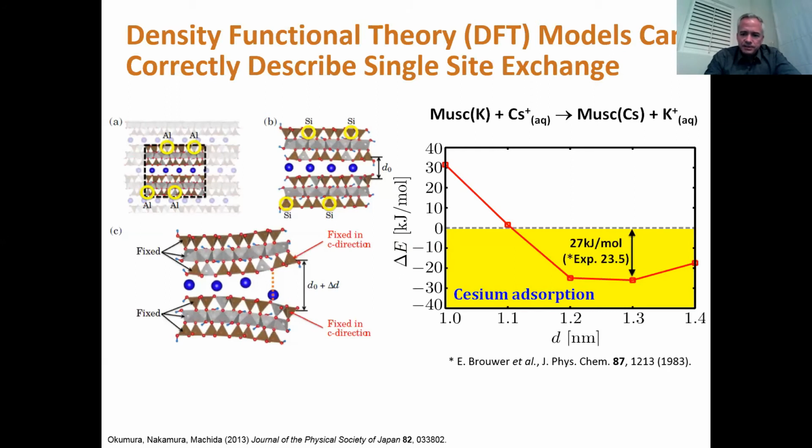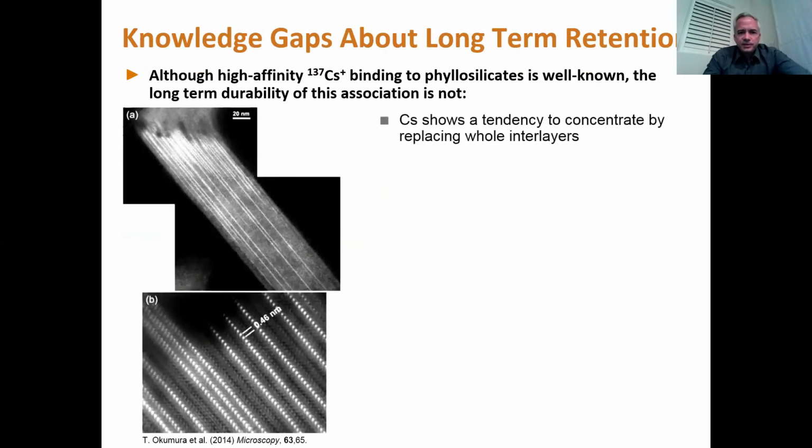And we can actually see that the calculation agrees fairly well with the experiment. The question is about this long-term retention: how long will the cesium, which is a radionuclide emitting particles, be stable in these clays? Is it permanent for 50 years, or do we have to worry about desorption from these materials over time?